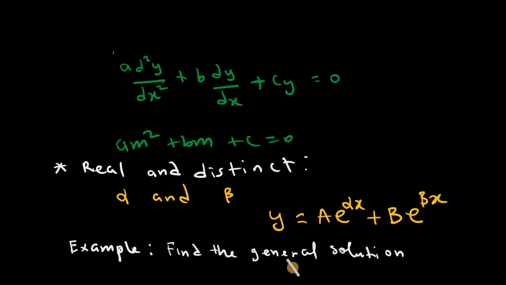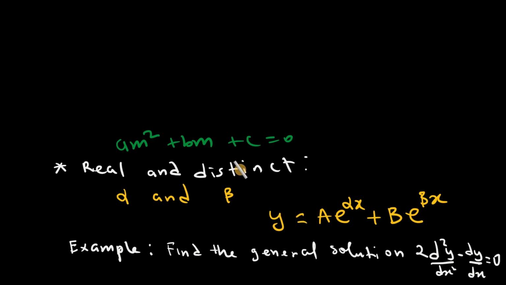Find the general solution of the differential equation 2 d²y/dx² − dy/dx = 0. To find the general solution, we need to look for the auxiliary equation. The fastest way is to replace dy/dx in this equation with a variable, say m.